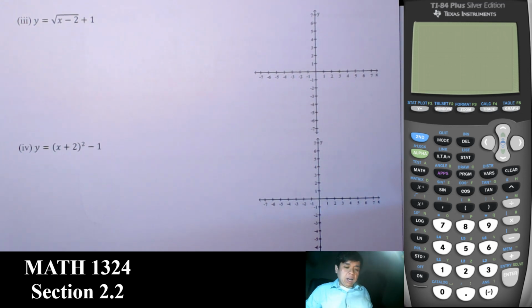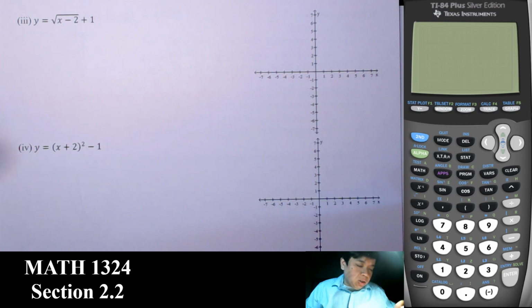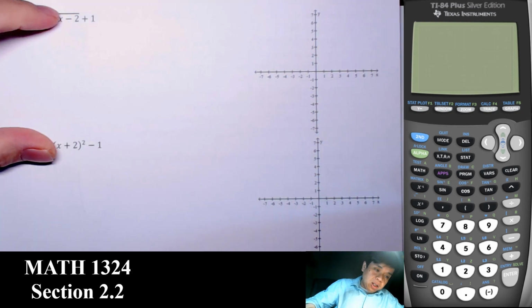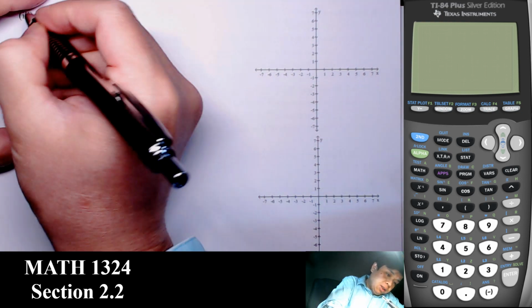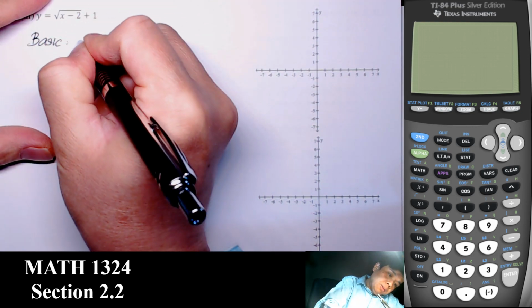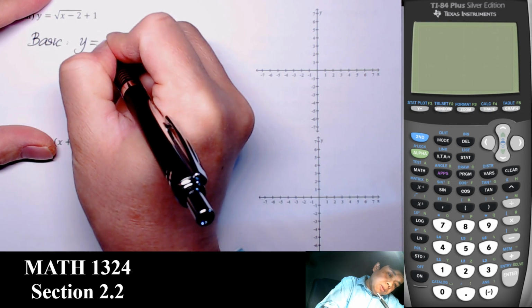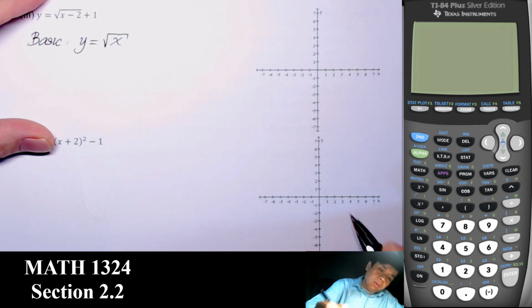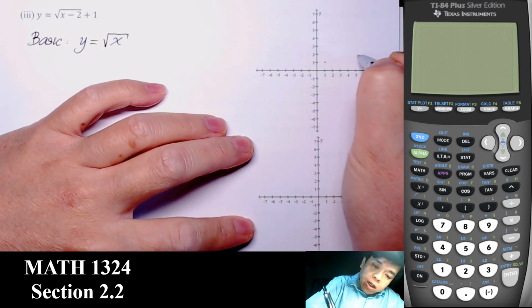A few more, and we combine both of those transformations. So when we look at this, first we see the basic is the square root. Go like this.